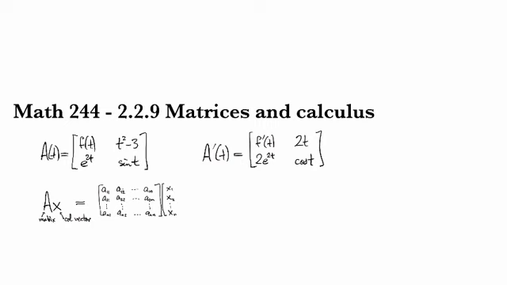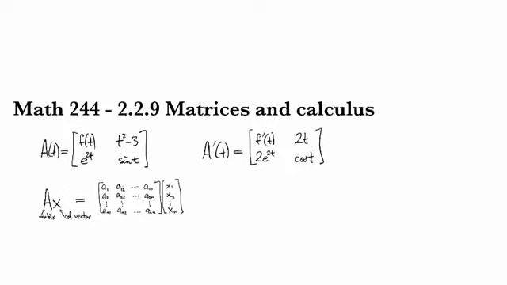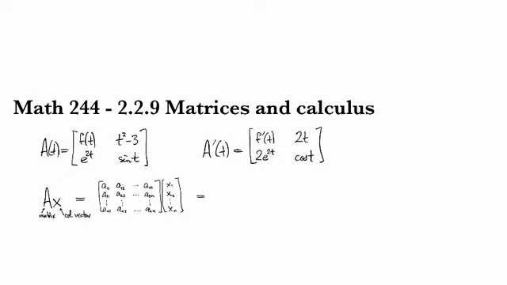And if we multiply this by some vector, so x is some column vector like this, then let's see what happens when we multiply this row times this column. We get A11 x1 plus A12 x2 plus out to A1n xn.